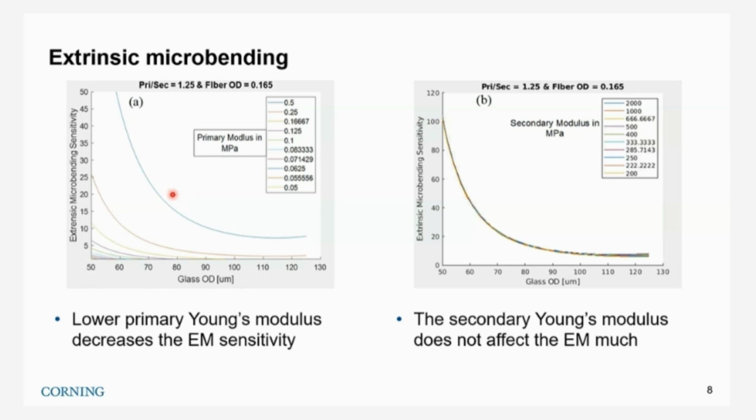We can see from this graph, if the primary coating modulus is reduced, you can lower the microbending sensitivity. On the other hand, the secondary coating Young's modulus has almost no effect on the microbending sensitivity.